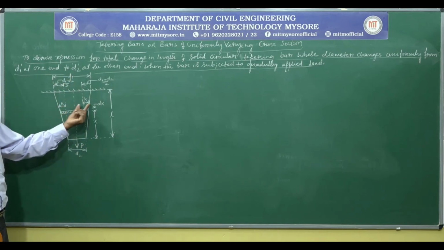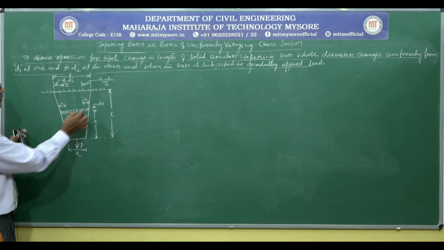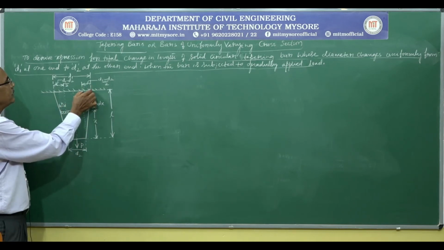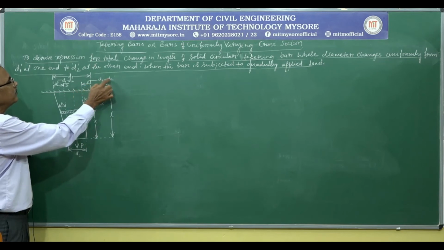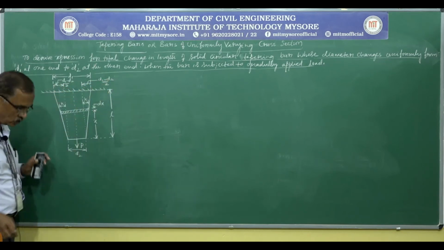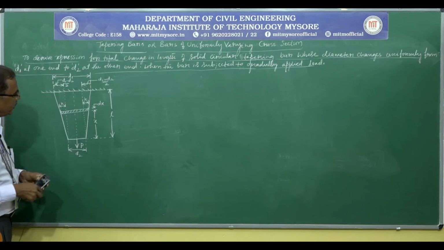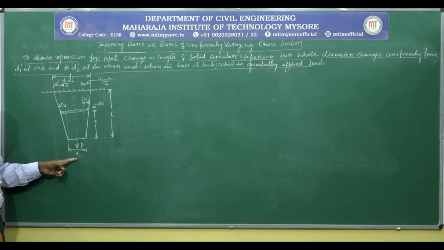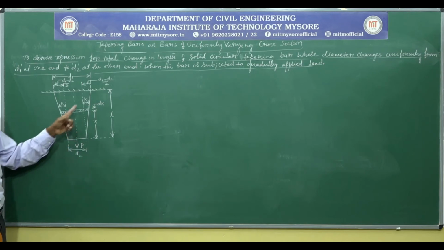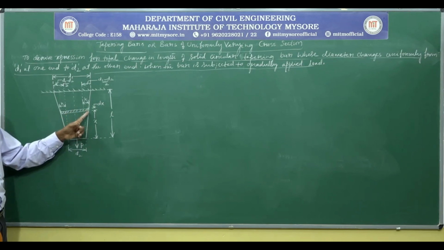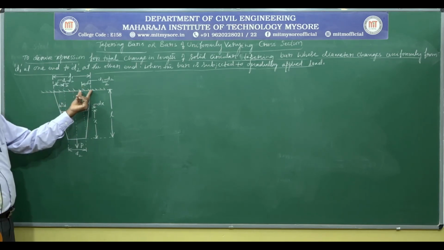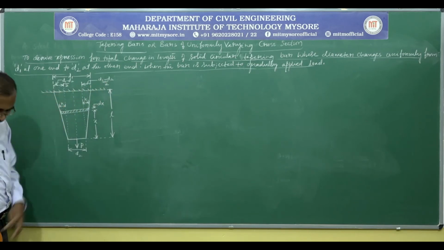So here it measures two fractional diameters k and k on either side, and at the other end it is d1 minus d2 by 2 on either side. So we know the diameter at the top d1, the diameter at the bottom d2, and also the fractional diameter at the elemental portion, k on either side.